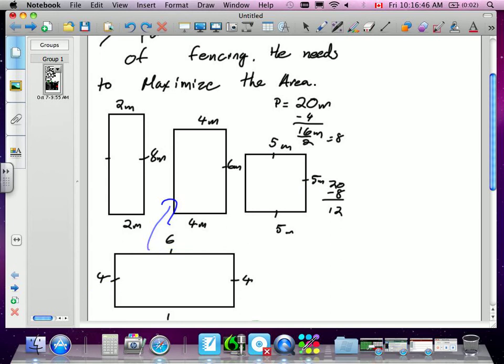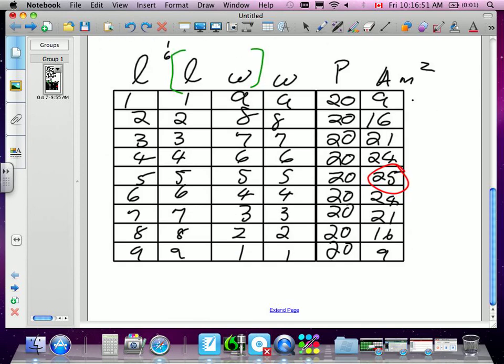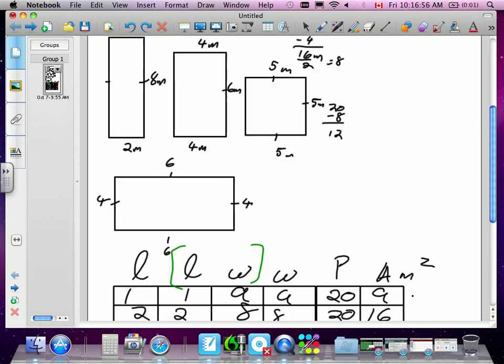So, by making this chart, I was able to figure out that the 4-sided shape that maximized area best was the square. And what you're going to discover is this is always the case. When we're making 4-sided objects with a limited perimeter, our perimeter was 20, the shape that will maximize our area is a square, always.